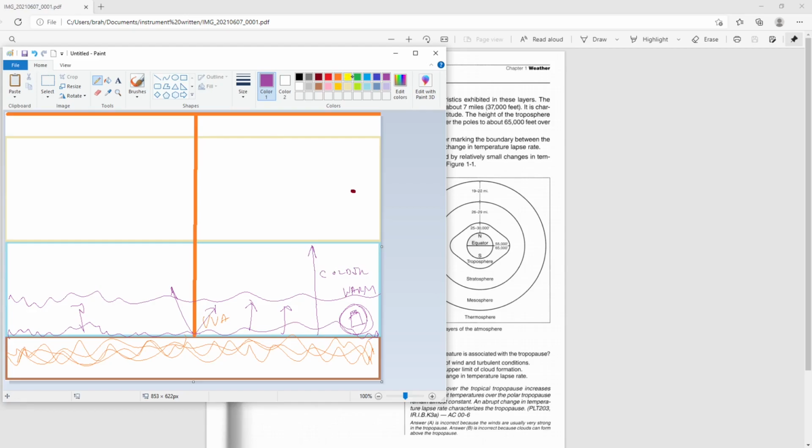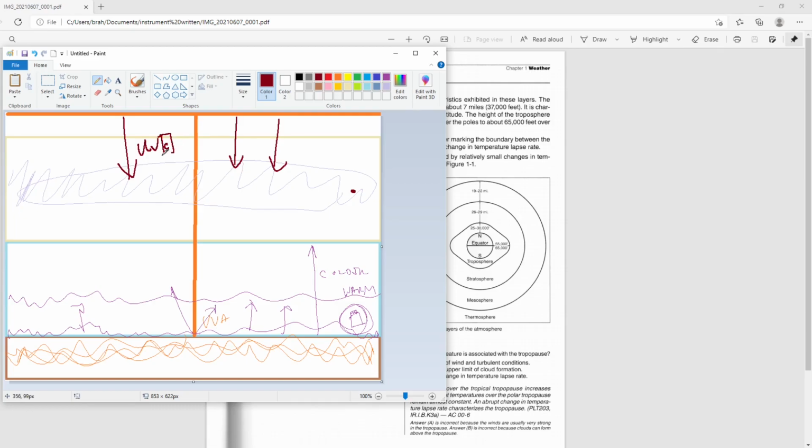Now, if we get back to the ozone layer in the stratosphere, we've got this ozone layer, and it's absorbing all of those UVC rays. We've got UVC coming in here, right?